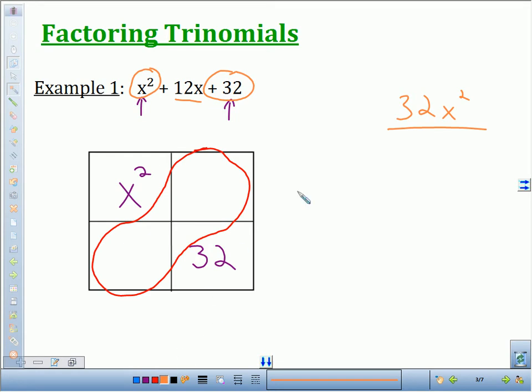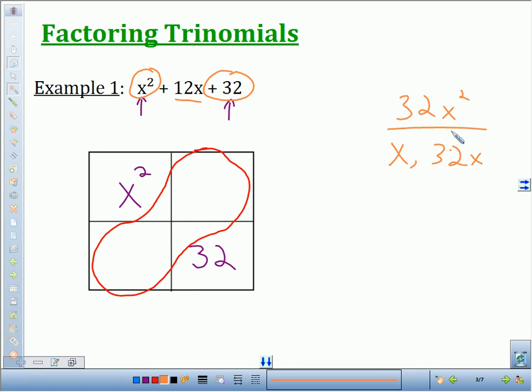And we can do this by just figuring out what the factors of 32 are. I could do 1x, or I could just say x. I wouldn't say 1x, I'd say x and 32x. X and 32x would multiply together to give me 32x squared. But they would not add together to give me 12x.